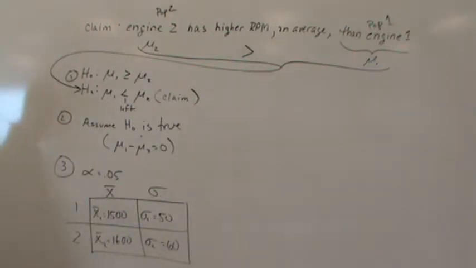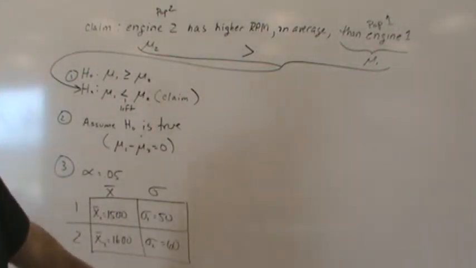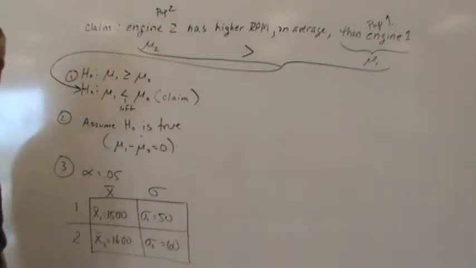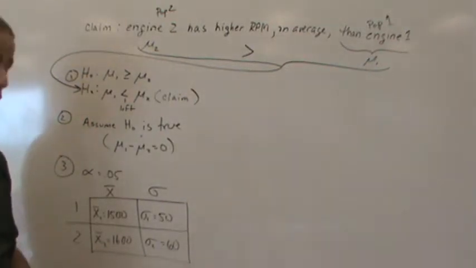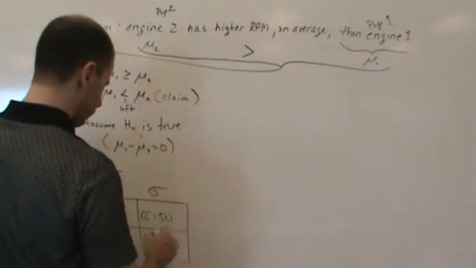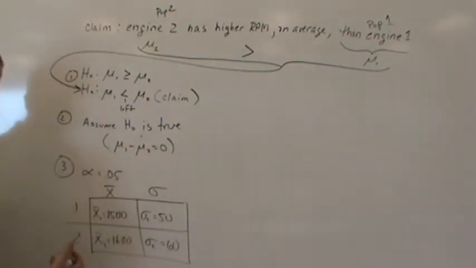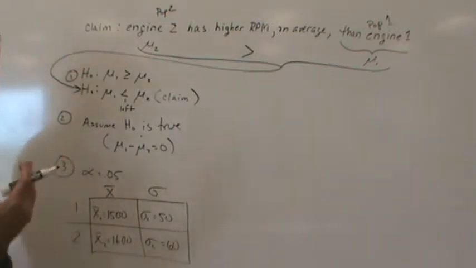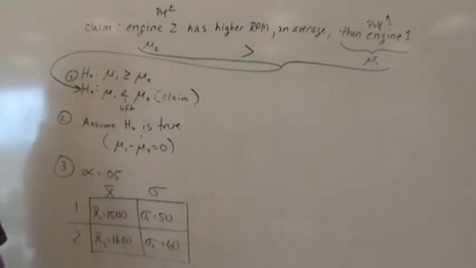Okay, so now, again, the main thing we want to know here is: is the sampling distribution of X bar 1 minus X bar 2 normally distributed? Well, let's quickly look at that. They told us that the populations of RPMs for both engines are normally distributed.